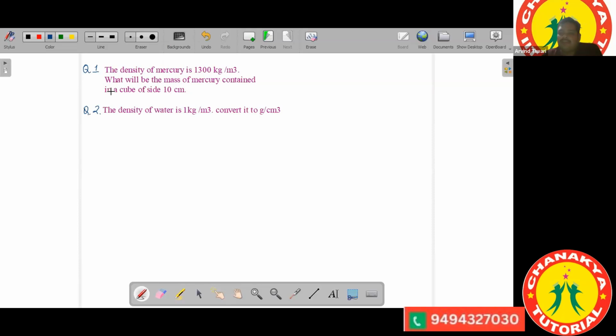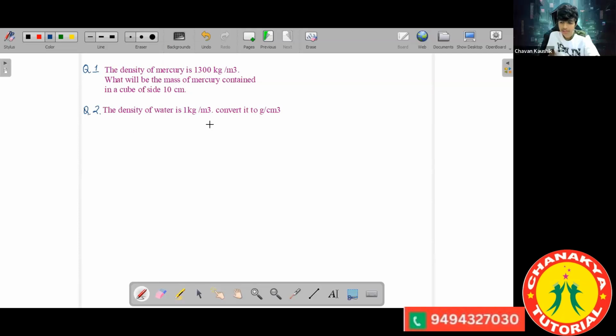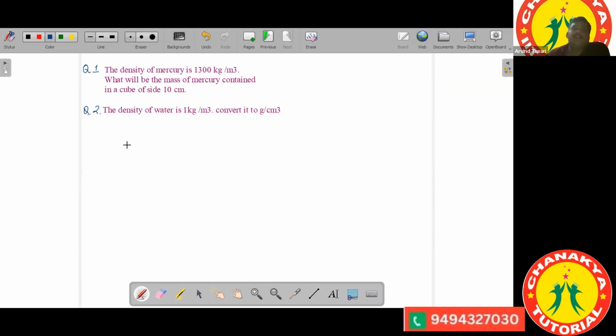Is there anyone who has not got the answer to the first question? Sir, I got the second one. It's 0.001 gram per centimeter cube. Okay, let's see here. The value of density is given.